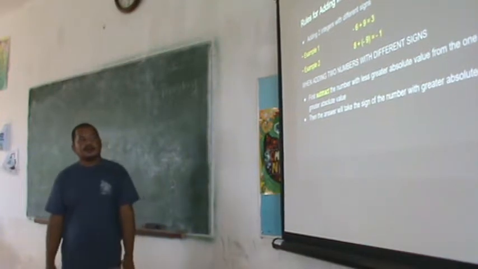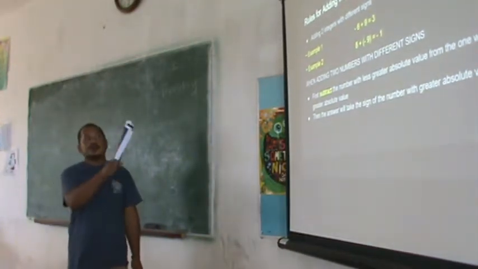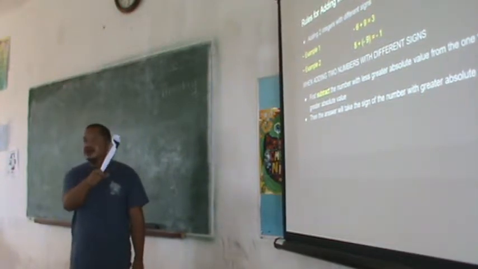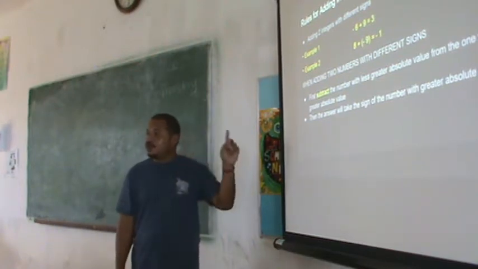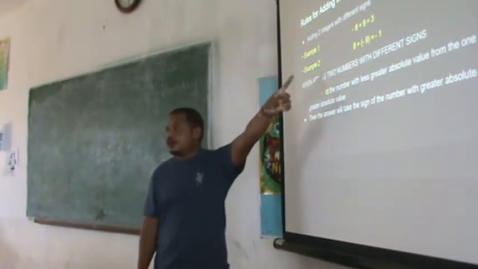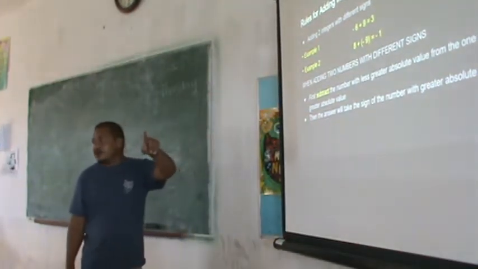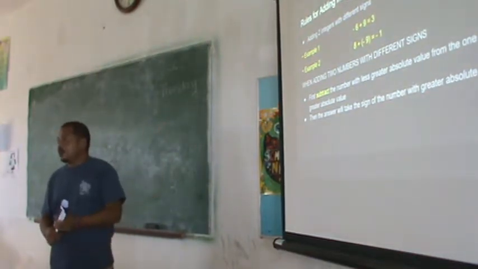The answer takes the sign of the number with the greater absolute value, which is 9. That's why we have positive 3: you subtract and then you get 3, and you use the sign of the one with the greater absolute value.